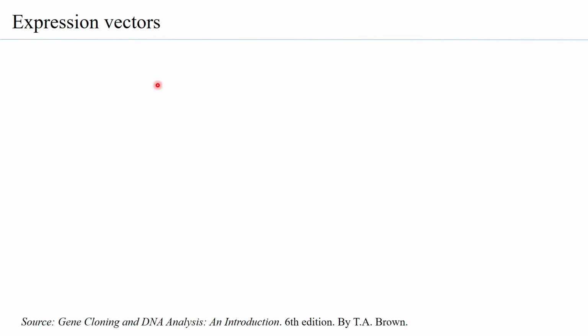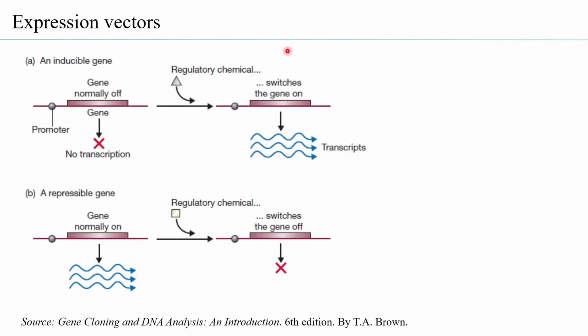Now, what is also interesting and a point to be noted is that genes can be switched on and switched off depending on the need. That would essentially be dependent on the promoter and whether the promoter can be induced.